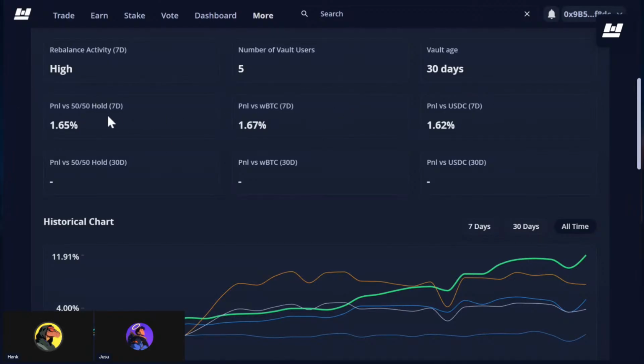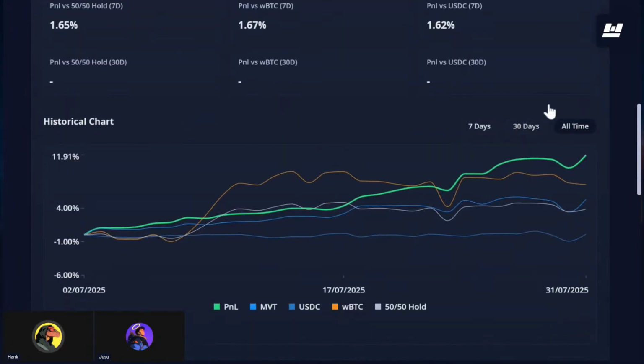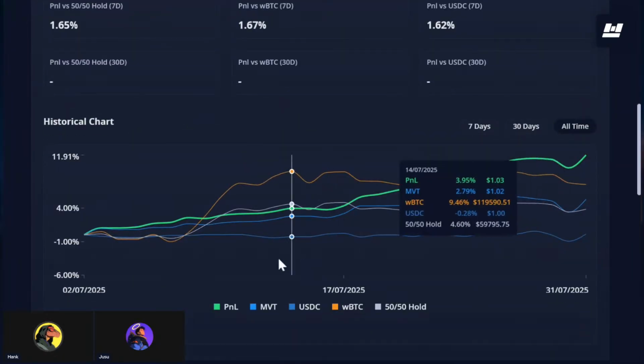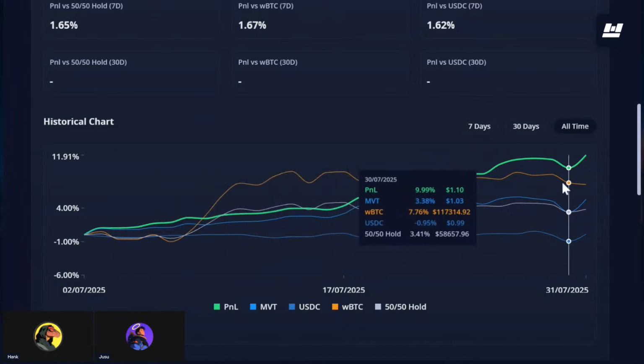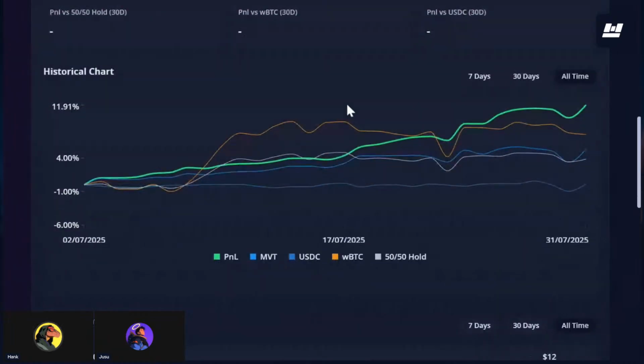This means that the Vault has been operating in a way that it's outperforming both underlying assets no matter the allocation. And I'm really curious to see the 30 days, but I think you can already see in the graph a nice indicator of how that turns out.